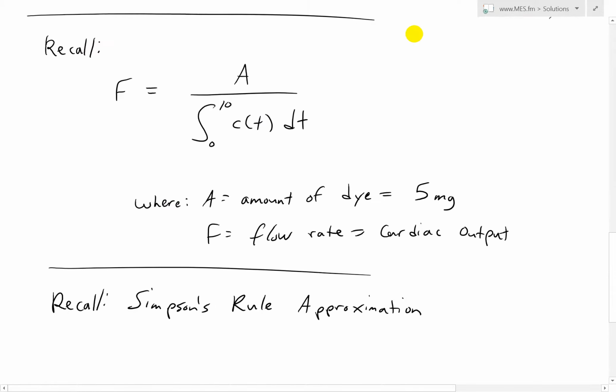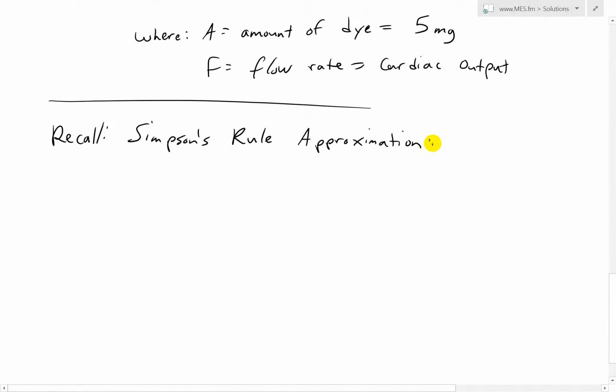And again, the formula for that, as I explained in my earlier video, so we're going to be approximating the integral from 0 to 10 of c(t) dt, and this roughly equals delta t over 3.